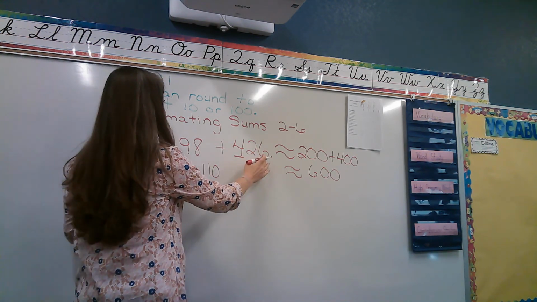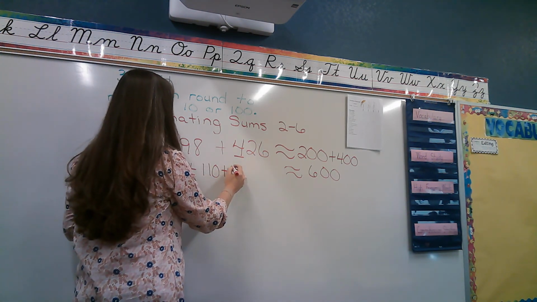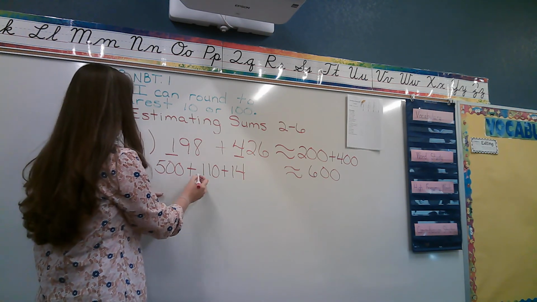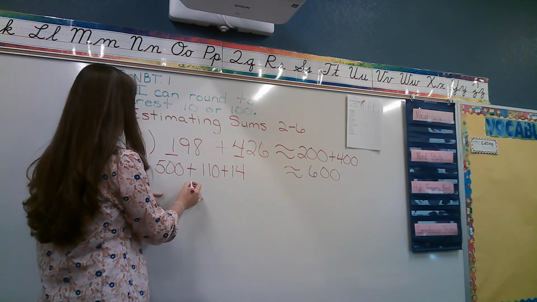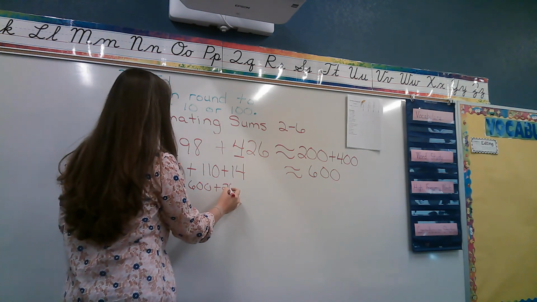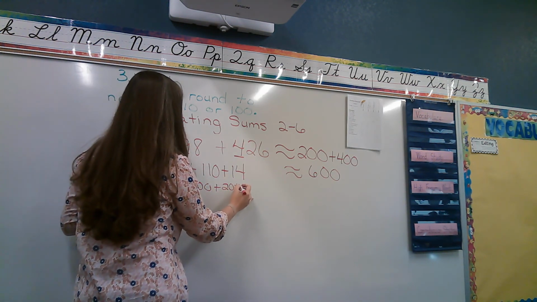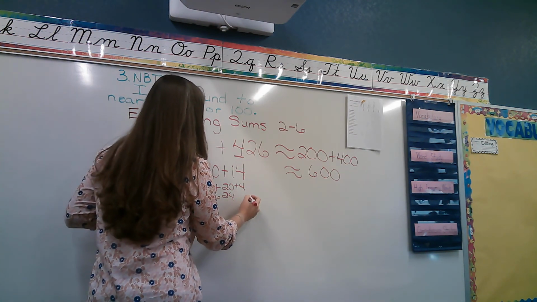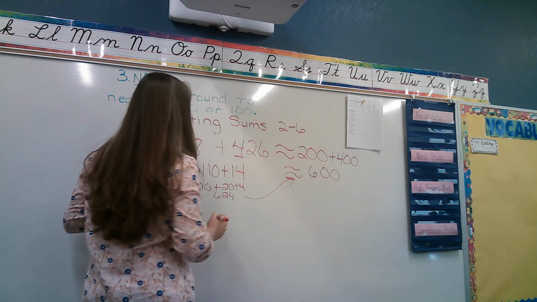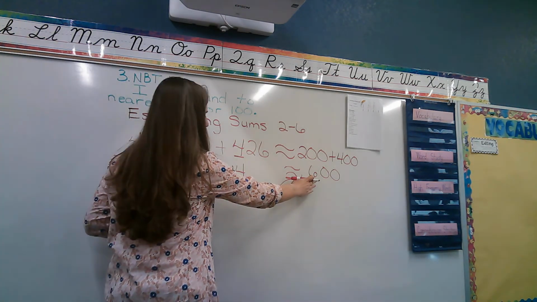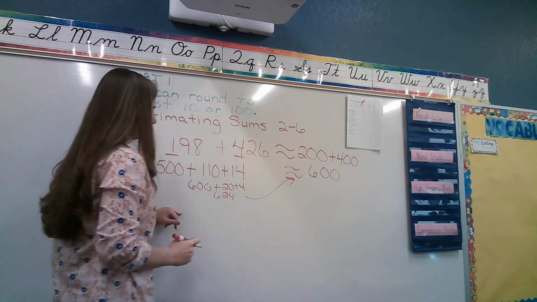And then 8 and 6 is going to be 14. So 500 plus 100 is 600. Plus 10 and 10 is 20. And then we have the 4 more, which is going to give us the 624. So we can say that approximately 624 is close to 600.